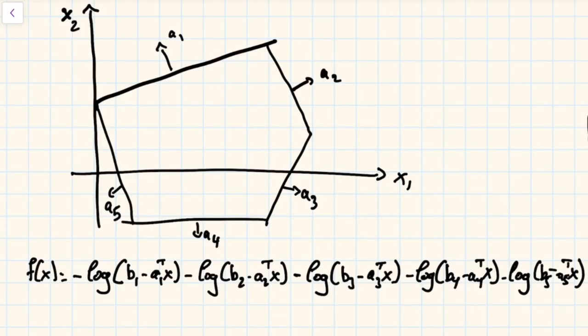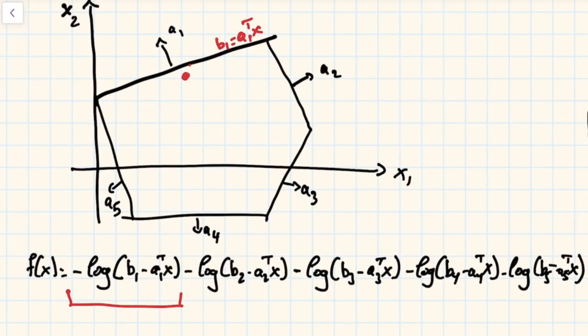So let's start with some edge cases. Let's say you picked your x somewhere close to the straight line defined by a1. What happens? Well, note that when you're at the extreme case, you're on the line, then right here you've got b1 is a1 transpose x. So what happens to the log? It goes to minus infinity, and hence minus of that goes to plus infinity. And so all this guy blows up to infinity, right? And so you did the worst case possible.